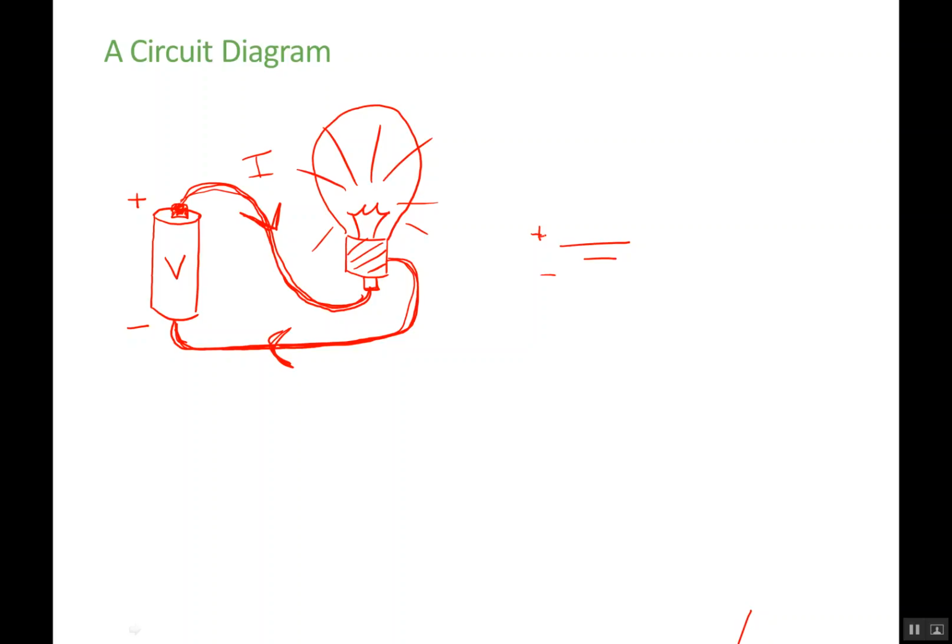The light bulb is a device that uses electric energy, and in general, such devices are called resistors. And resistors have electrical resistance, R. The symbol for a resistor is a little sawtooth-like symbol that looks like that.